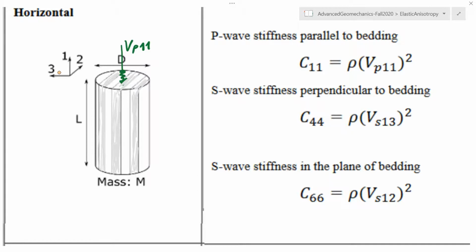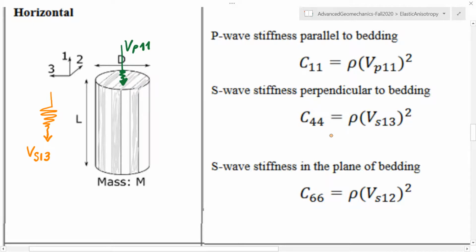let me try to draw that to see if I can give that a meaning in my drawings. This is going to be VS13 going through the sample, of course, and this is going to cause a strain in the plane 1, 3. I will recover C44, and this is the same property that we had before.